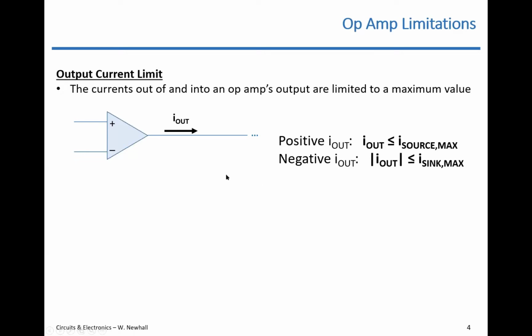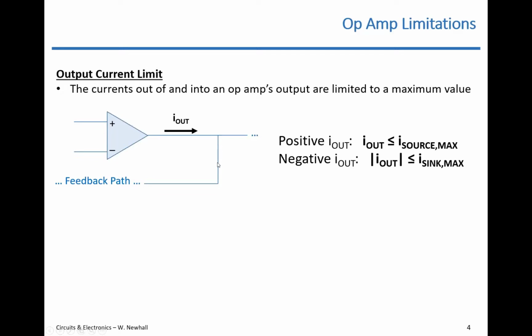What some folks usually miss in practical examples, and this helps explain something about the op amp circuits we looked at last time, you also have to consider the feedback path in the I out, because the op amp is actually supplying current to whatever load it's connected to. It could be some speaker, it could be some data acquisition device.